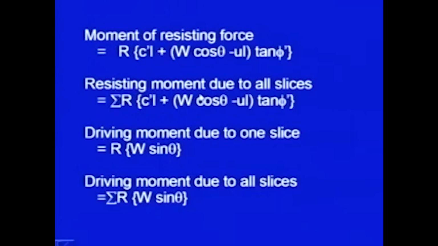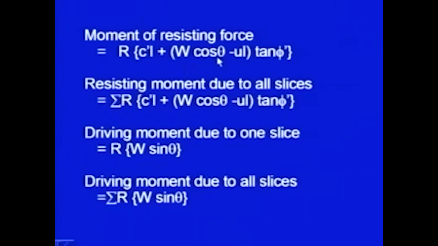So, the resisting moment due to all slices will be the summation of r into c dash L plus W cos theta minus U, into tan of phi dash. We will sum up all these moments, so you can find out the individual moments and then their sum.